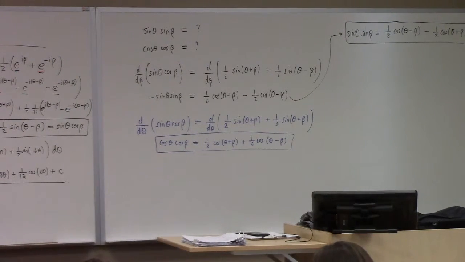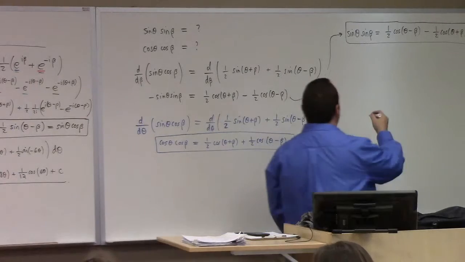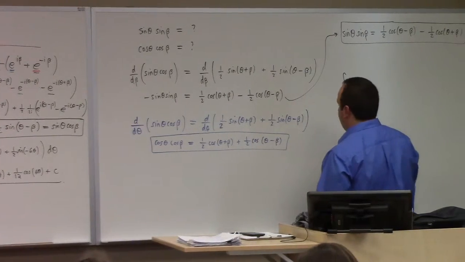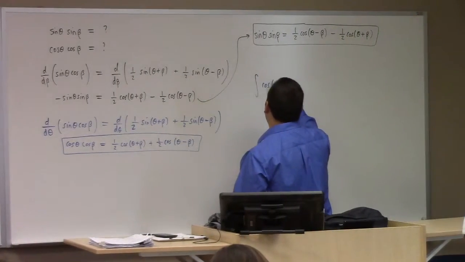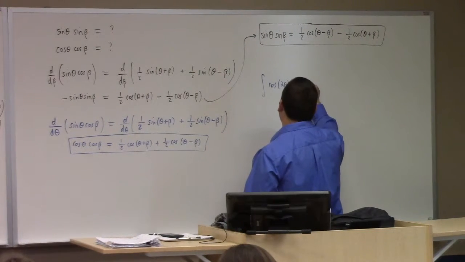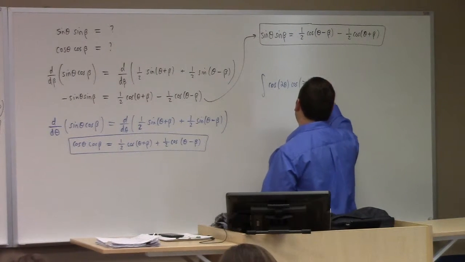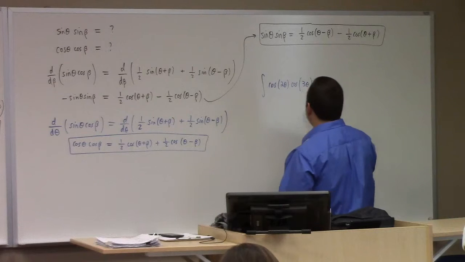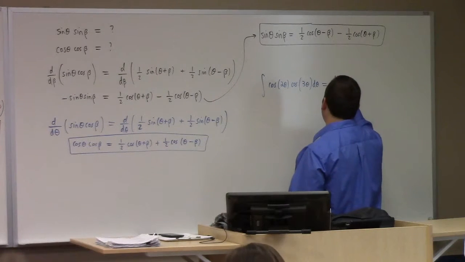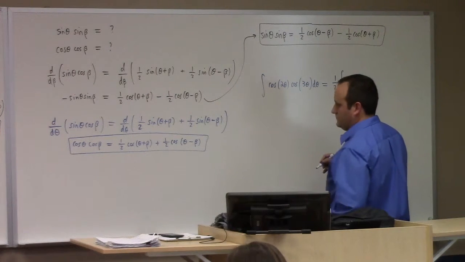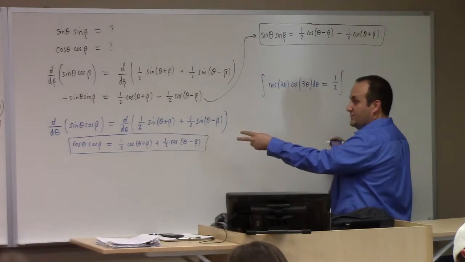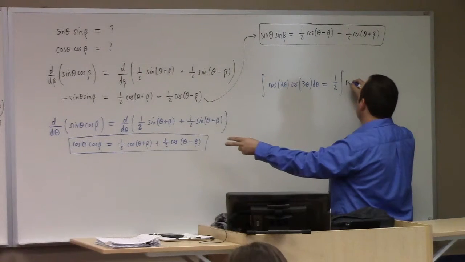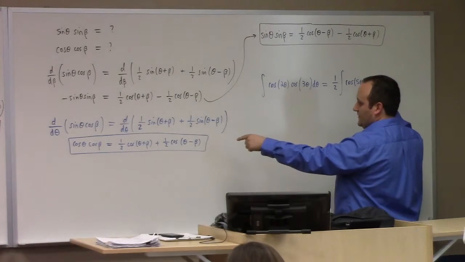Again, just an application. What if you wanted to integrate, say, cos 2θ times cos 3θ? What would you get? So we get θ plus β, which is 1/2 cos 5θ, right? And then what's the other one?